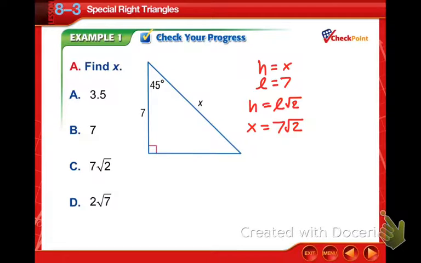And notice our answers do have square roots in some of them. There's one with a decimal, but we have our answer already. That's one of our choices. And really, if you wanted to get this in decimal, you could, but it isn't 3.5. It's not dividing the 7 by 2. It comes out to be about 9.9. So that means our answer is C.